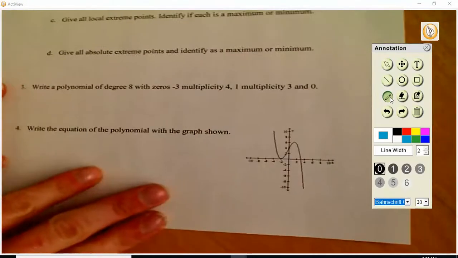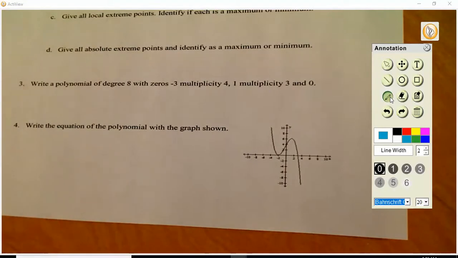All right, let's look at question 3. We are writing a polynomial. -3 is a 0, so we are going to write what? Multiplicity 4, 1, multiplicity 3, and 0.